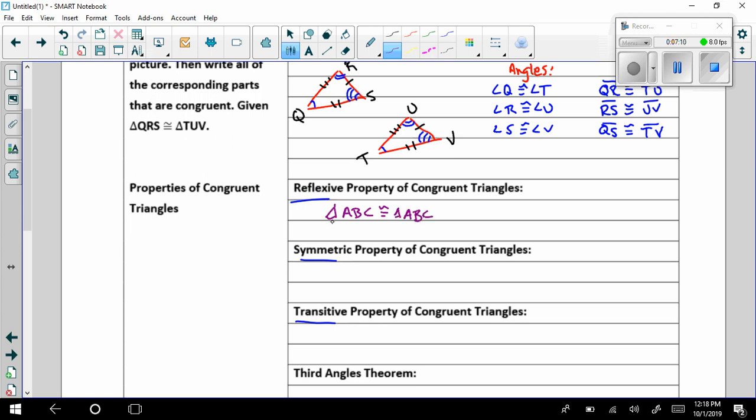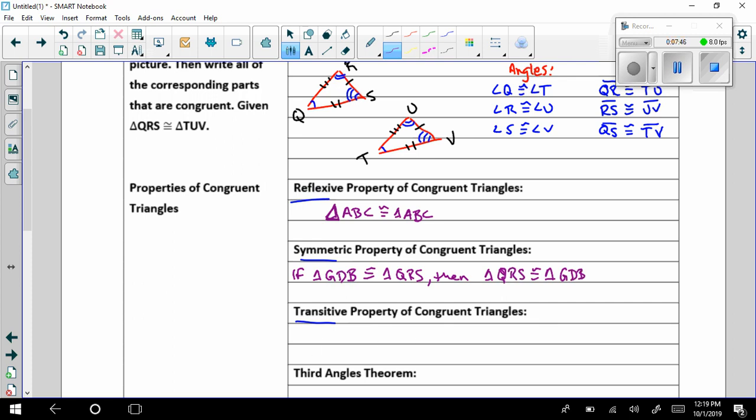Your reflexive property, where something is congruent or equal to itself. Symmetric property, if triangle GDB is congruent to triangle QRS, then the converse of that is true. Triangle QRS is congruent to triangle GDB.